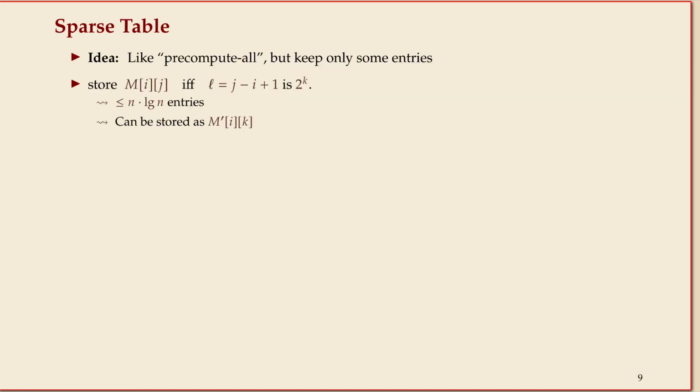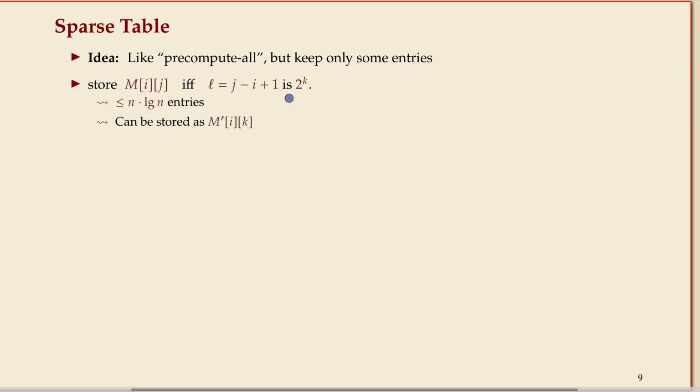The idea is to do what we've done in the trivial pre-processing everything step, but don't remember as much. Actually remember very, very few of the entries. And what works here is only remember entries where the range that we cover has a length that's a power of 2.